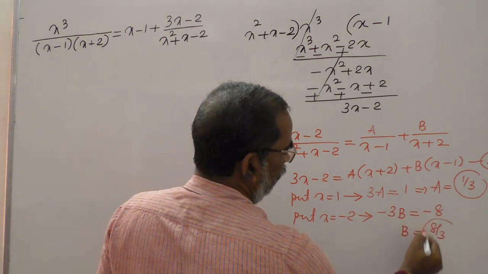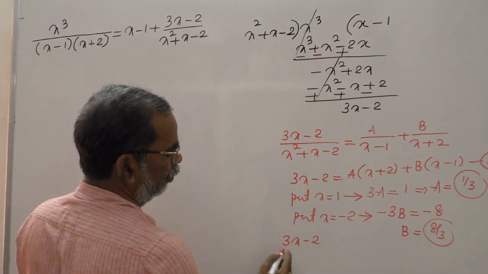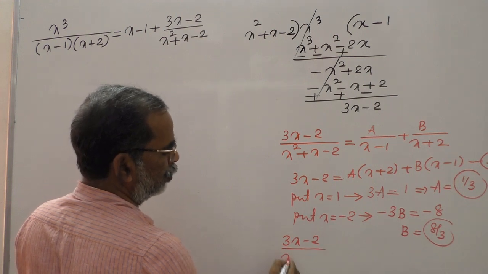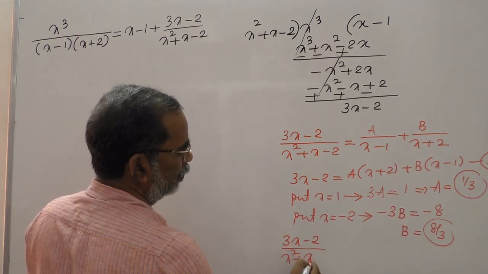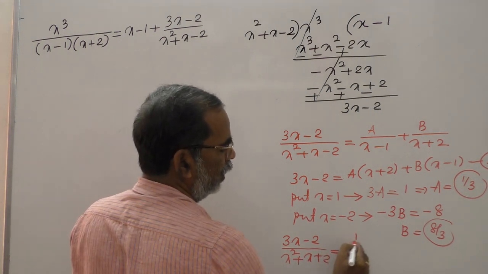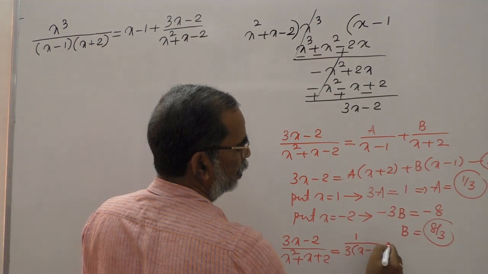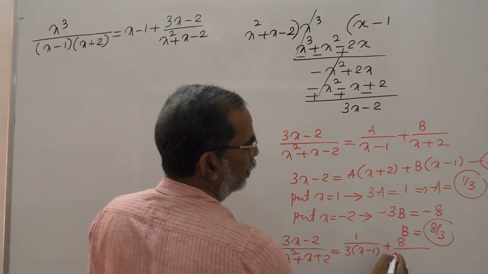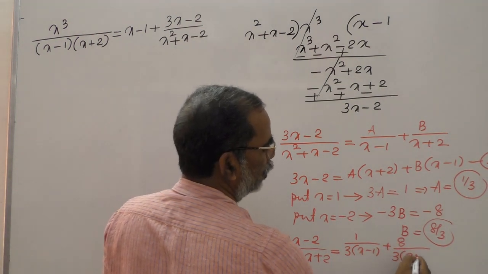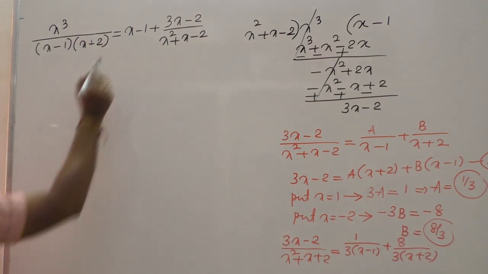This is the B value. Therefore, this proper rational fraction, 3x minus 2 divided by x square plus x minus 2, can be written as A, which is 1 by 3, over x minus 1, plus B, which is 8 by 3, over x plus 2. These are the partial fractions of this.